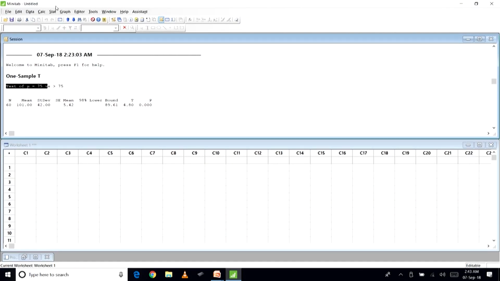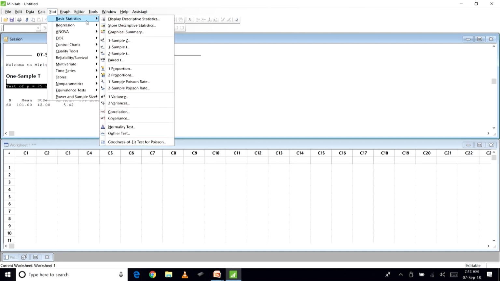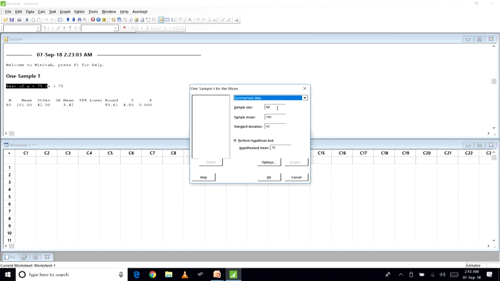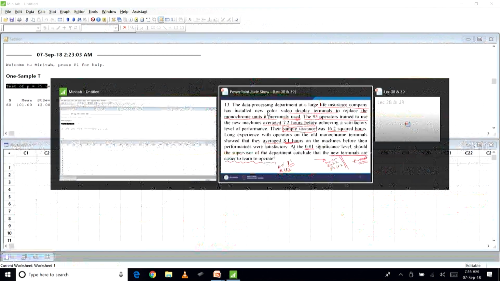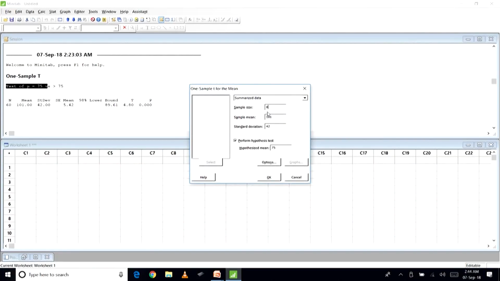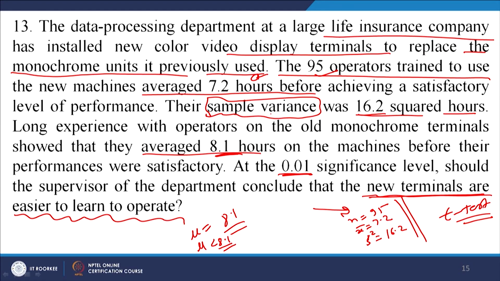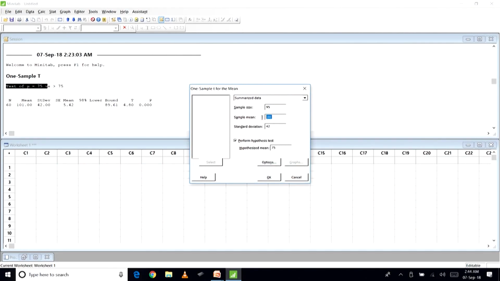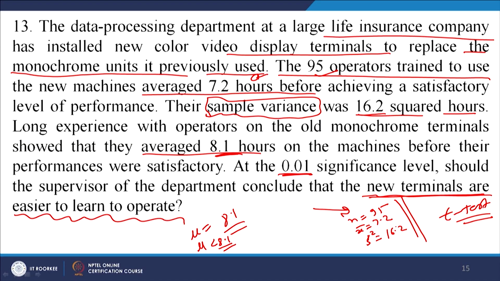So, one sample T test. Stat, basic statistics, one sample T test, right. So, sample size, just enter sample size, it is 95. Sample mean 7.2, and if you look at sample variance, it is 16.2.